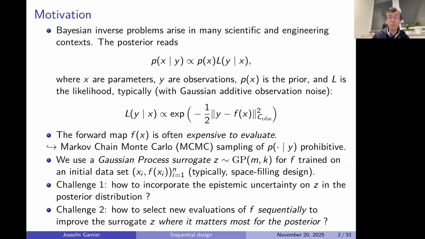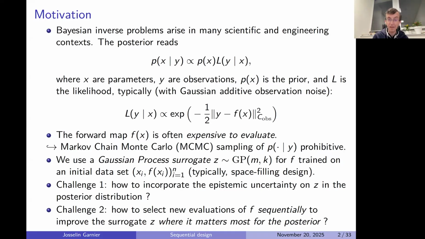The question is, which points would you like to use? You would like to use the points that give you the most information about the posterior distribution. So we want to design a sequential design of experiments that will improve the surrogate model where it matters for learning the posterior distribution of my Bayesian inverse problem.